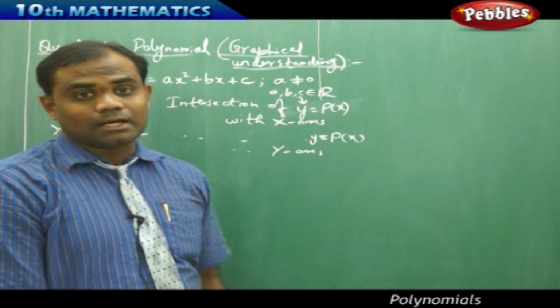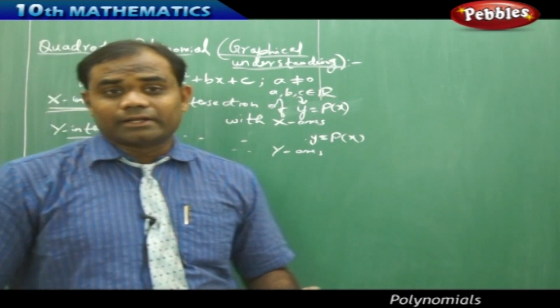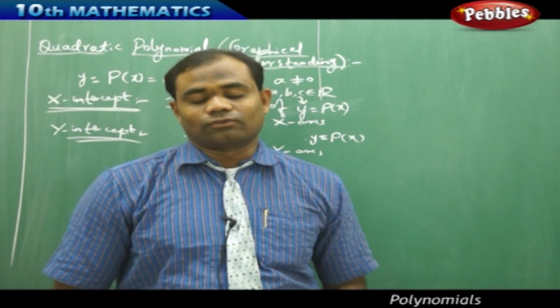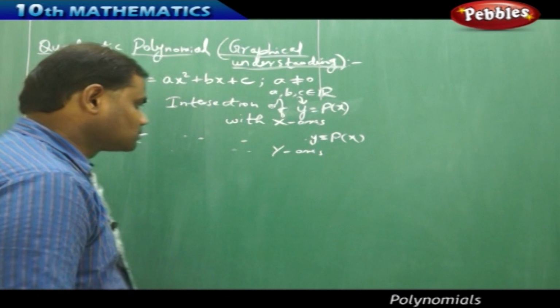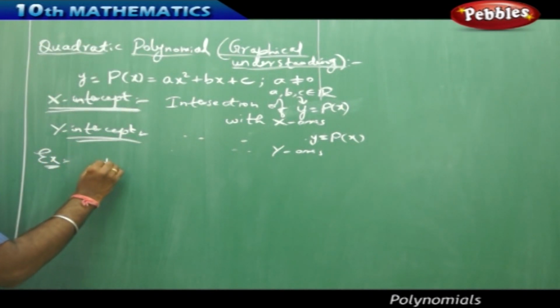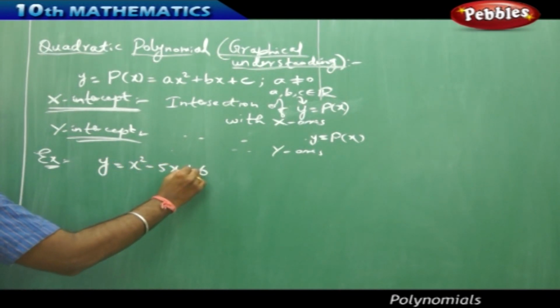So let's take an example quadratic polynomial and identify how the x and y intercepts can be calculated. For any polynomial the method would be the same. To start with an example, let me take the quadratic polynomial y is equal to x squared minus 5x plus 6.